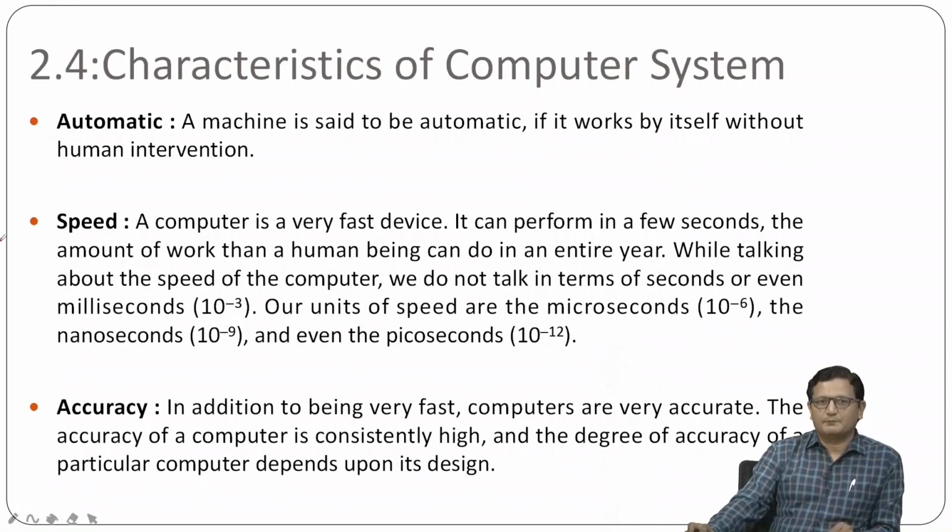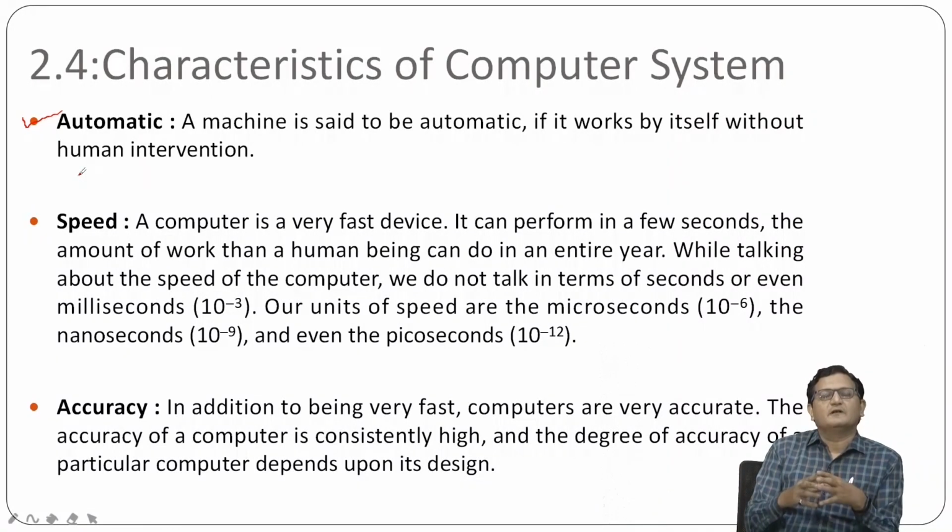The first point is called automatic. So computer is what? It is an automatic device, right. And automatic means what? As I said, suppose you have given a standing instruction to your bank, right. They will give this instruction to their servers, and automatically whenever your bill gets generated, it will be paid by the server of the bank, right.